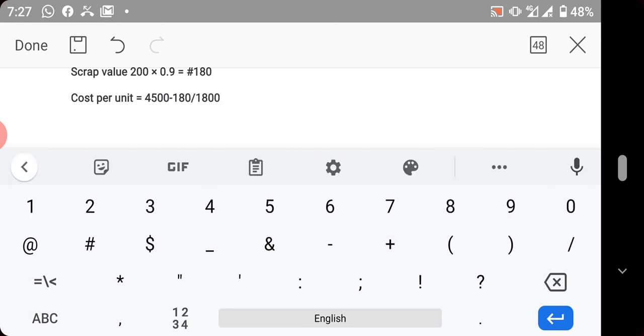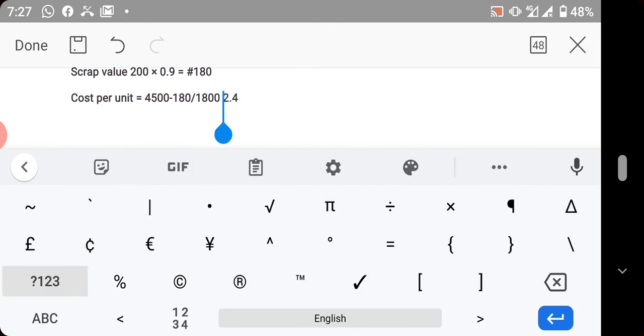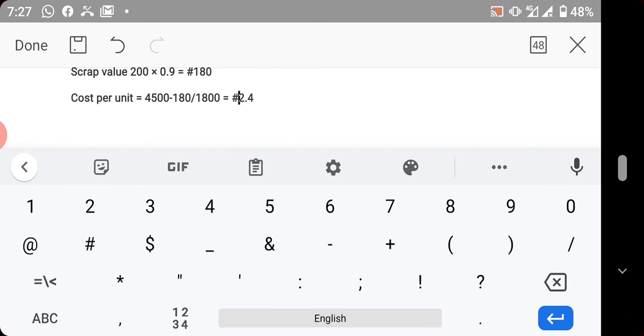So when you cross check with your calculator, you now see that will give us 4320 divided by 1800, and that will give us 2.4 as our answer.